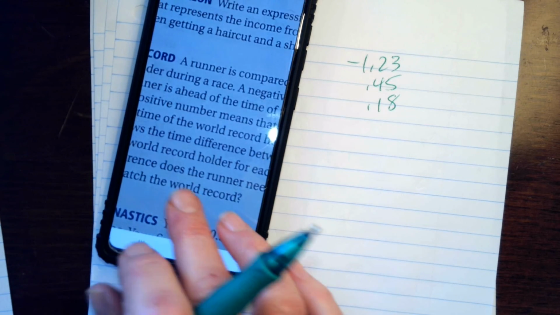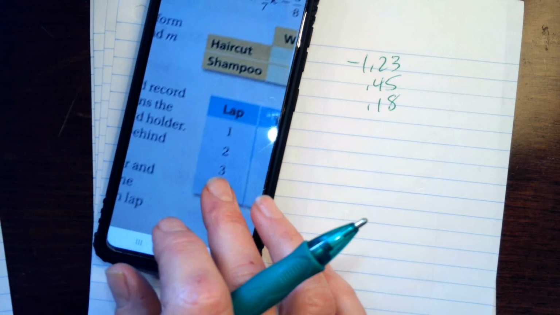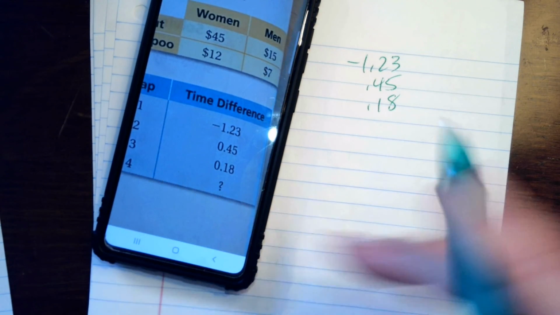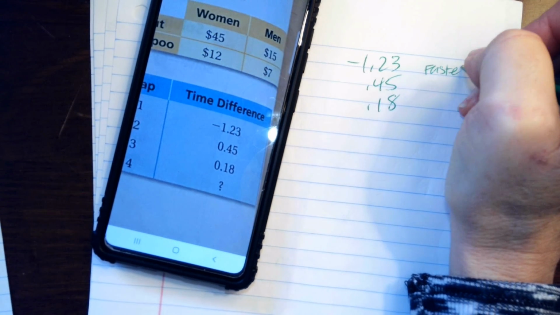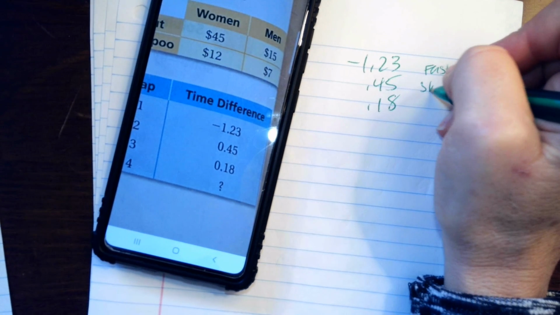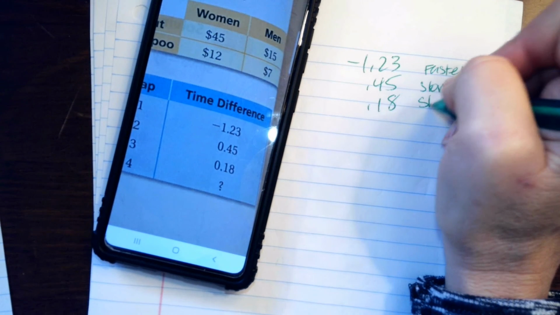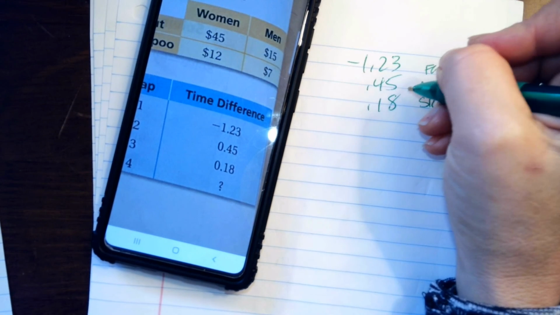So if this is a negative number, that means that this person was faster than the record, and a positive means that they were slower. Does that make sense to you?